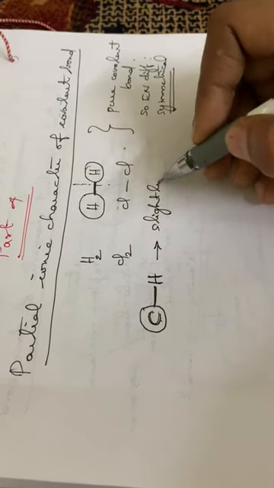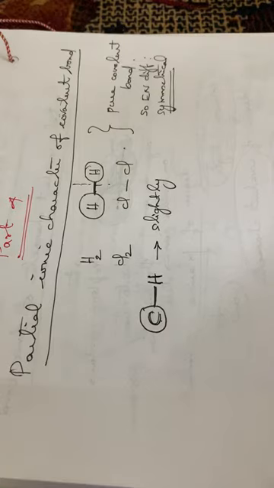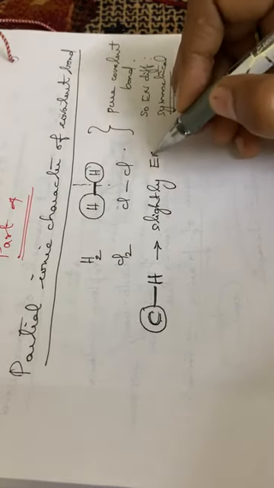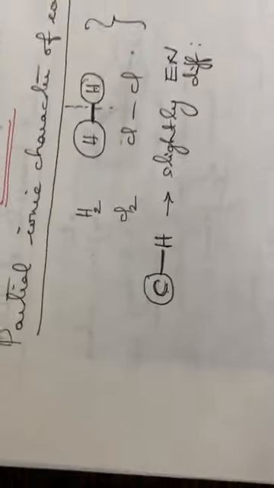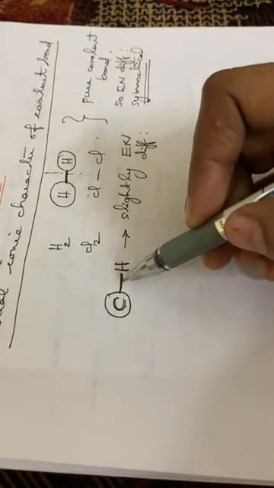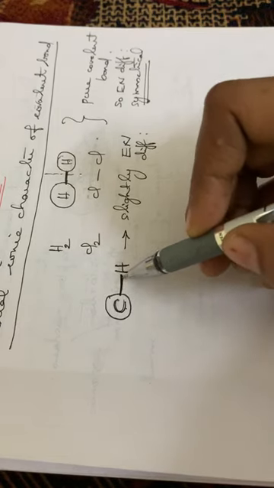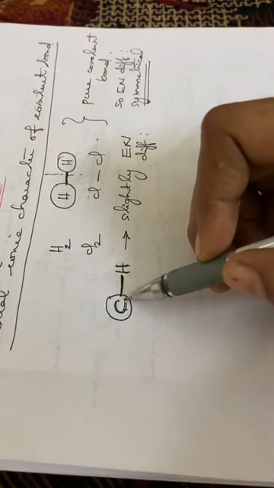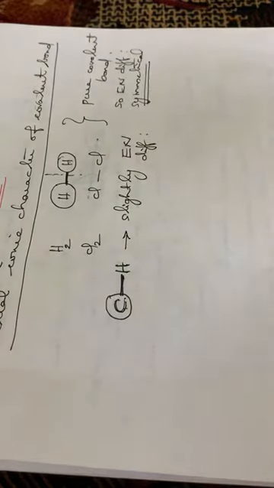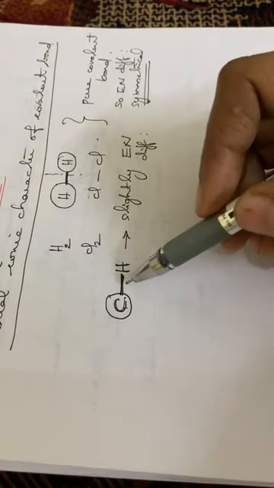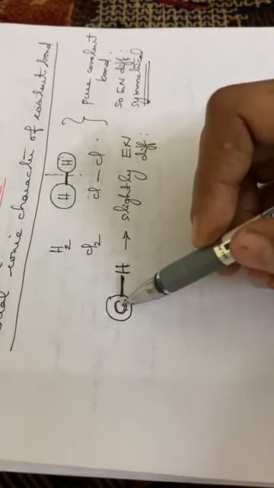Carbon will be somewhat more electronegative. As a result of this electronegativity difference, the shared electron will be shifted preferentially towards the more electronegative atom.